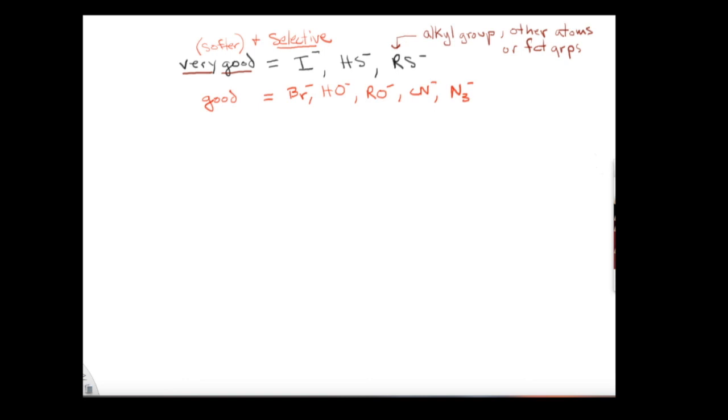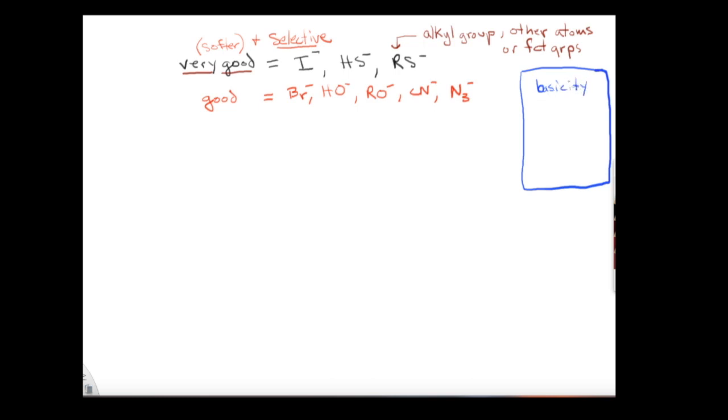In this category of goodness, I raised an issue about hydroxide, how that could depend on conditions. So let's make a short list of what influences nucleophilicity. One of the factors is going to be basicity.